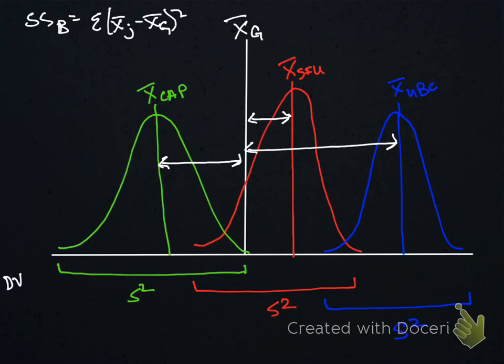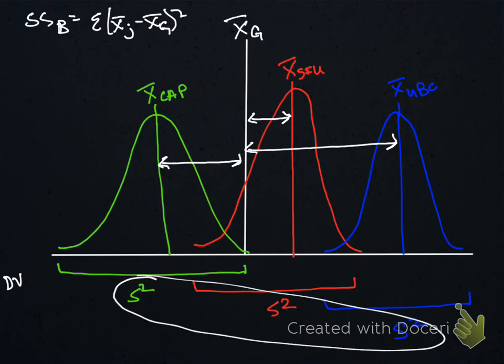And we said that our F-test is a ratio of these two things: the total variability we see within these groups, and the variability of each sample mean from the grand mean.